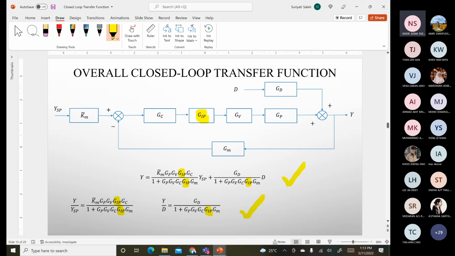Inclusion of the IP will contribute to the final overall closed loop transfer function, as you can see in this slide. Any questions?